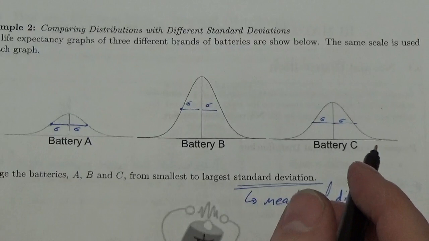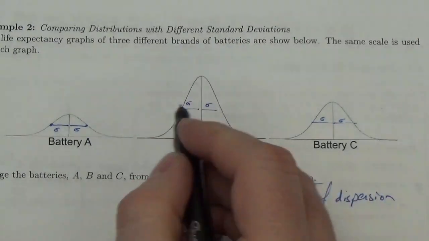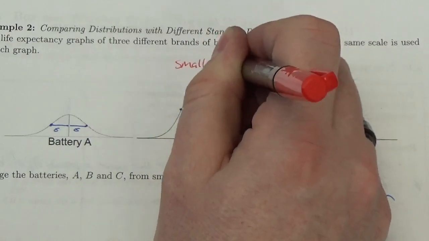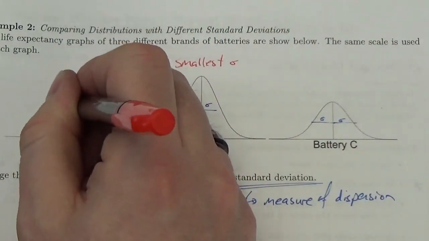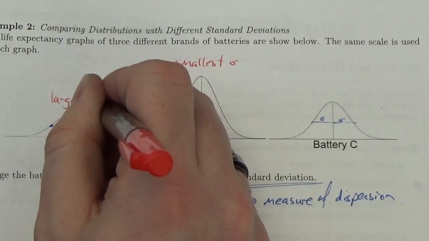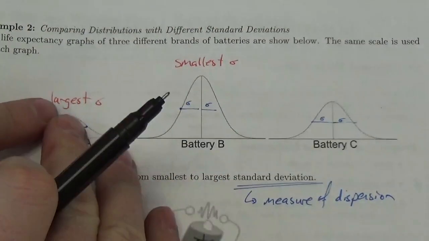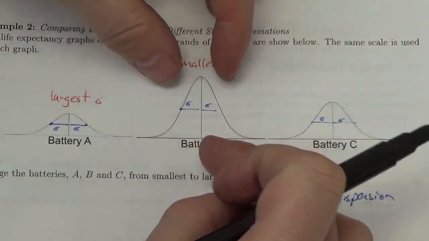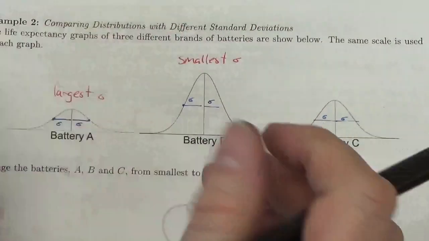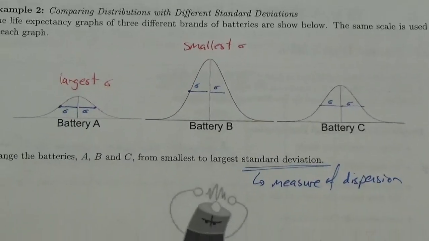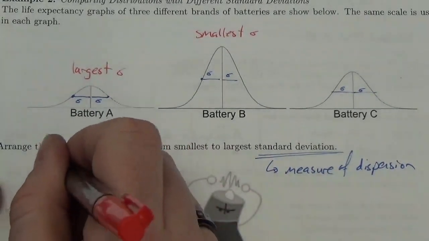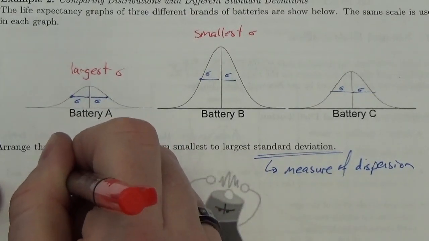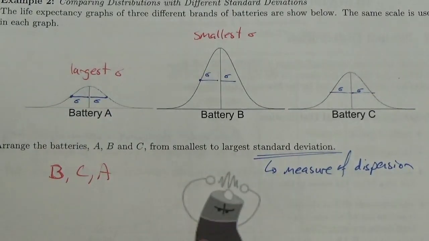So this right here should be the smallest standard deviation. And this one here should have the largest standard deviation, because this should be technically more spread out. And because this has got a peak in terms of the frequency, this is going to have a smaller standard deviation. So the standard deviations should be B, then C, then A. At least that's how we want to understand that.